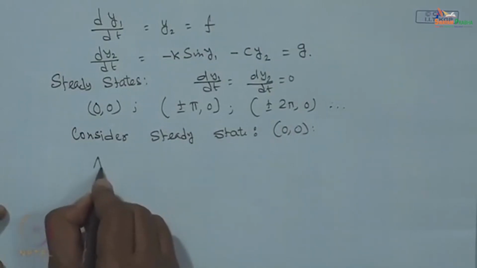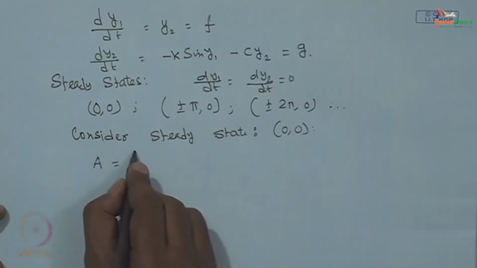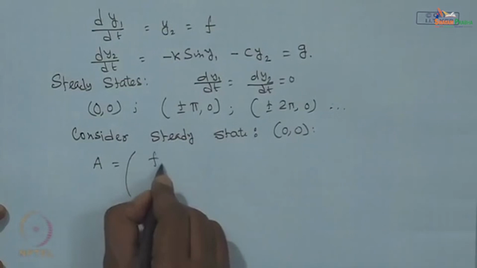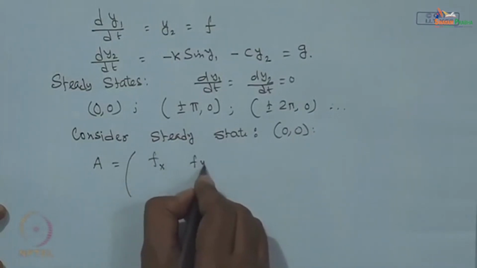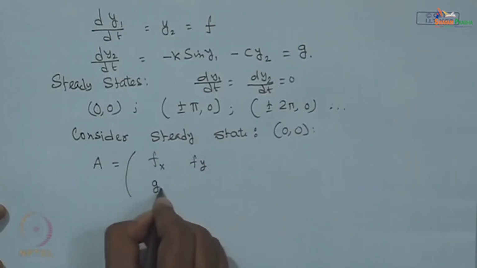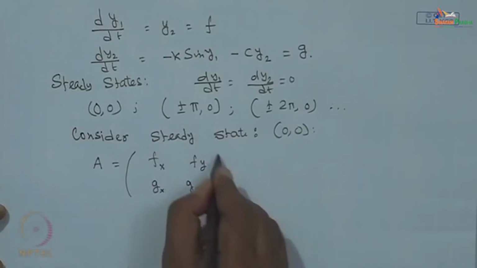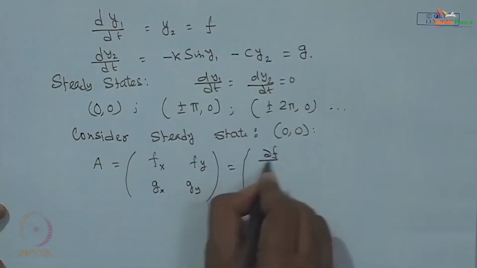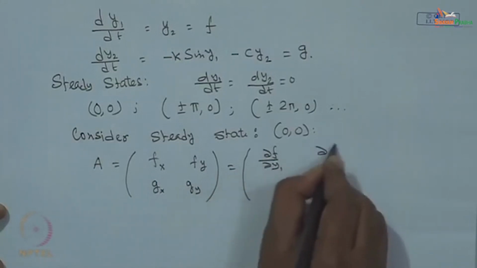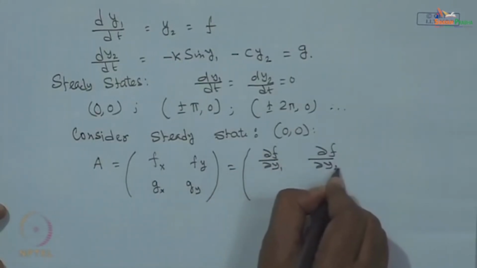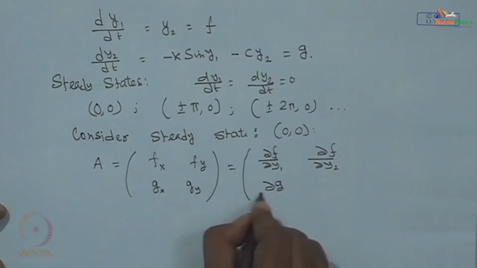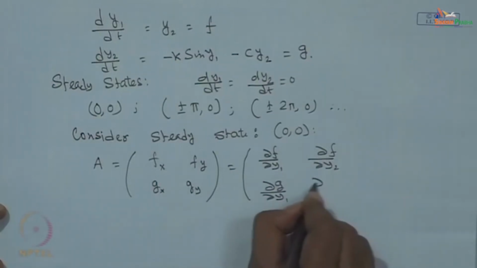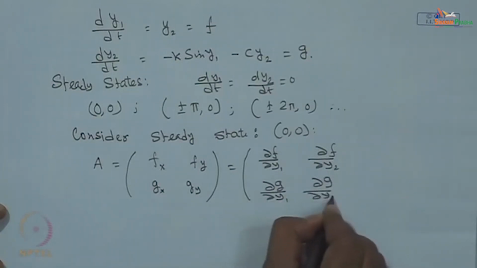So, the matrix A, let us write the Jacobian matrix A: f_x, f_y, g_x, g_y. So, it will be simply del f/del y1, del f/del y2, del g/del y1, del g/del y2.